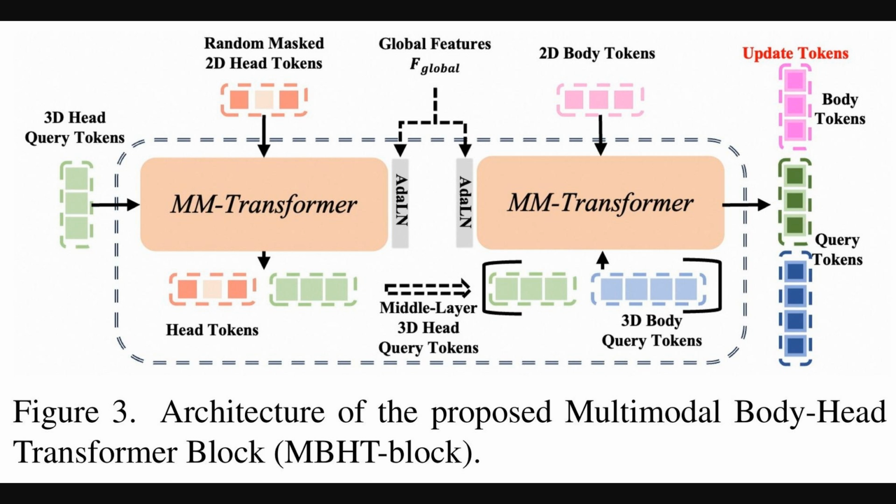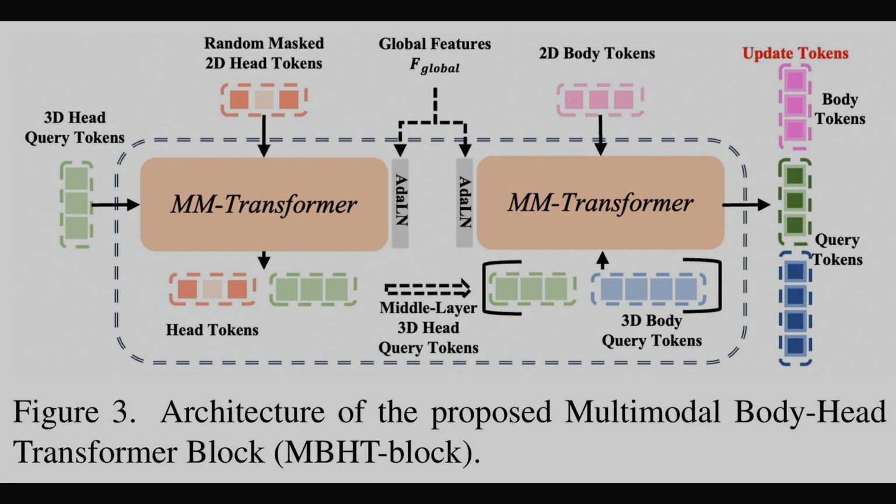You can see it takes in the 3D head query tokens and the 2D head image tokens, which are actually randomly masked sometimes, and processes them first. Then, that result interacts with the 3D body query tokens and the 2D body image tokens in a second step. It also shows these, quote, global features influencing the process before outputting updated tokens.